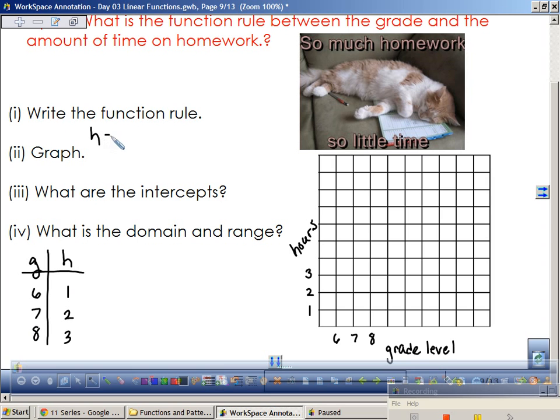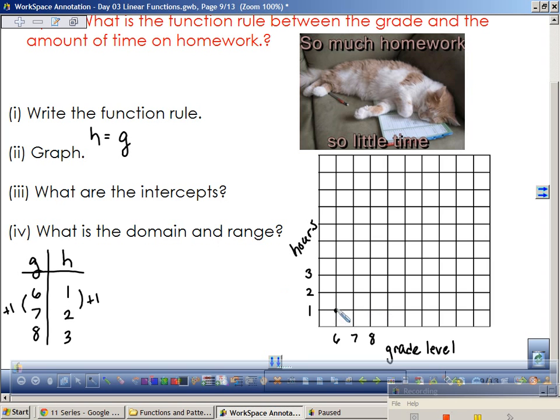Okay, hours equals what? It goes up every 1. And what is it? 1, right? 1G. Do you have to write 1, though? Just G? H equals G? So for every grade, you go 1 more hour up?